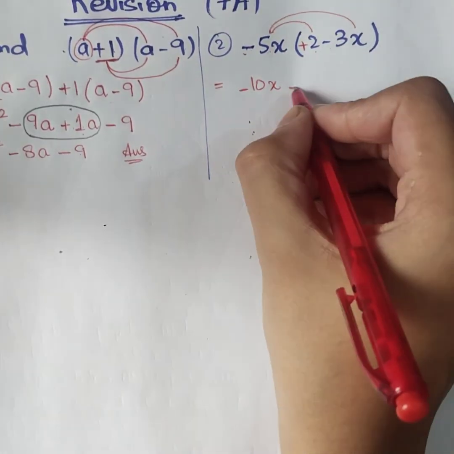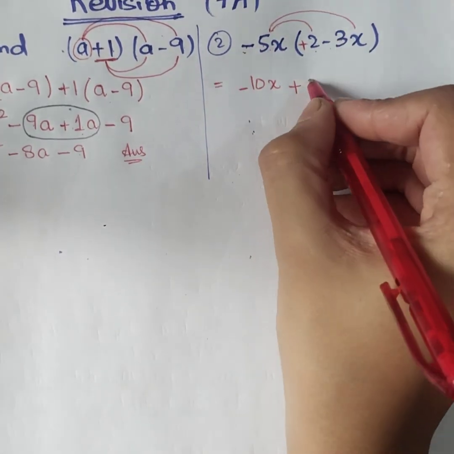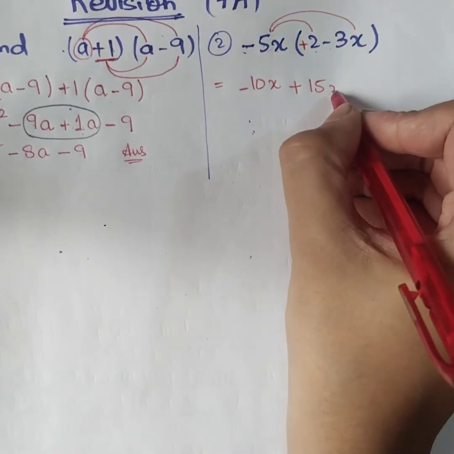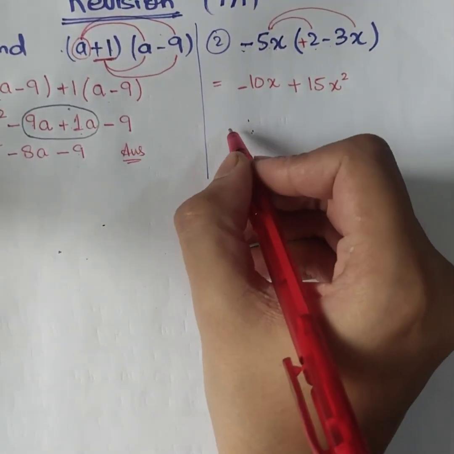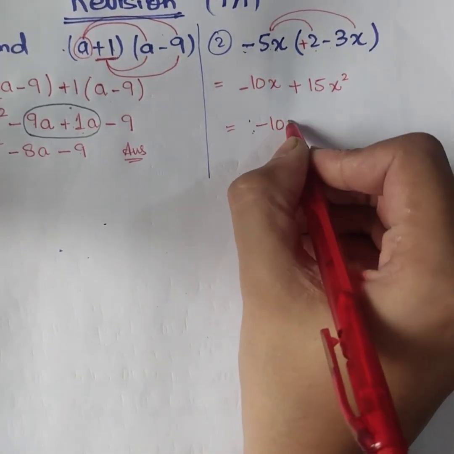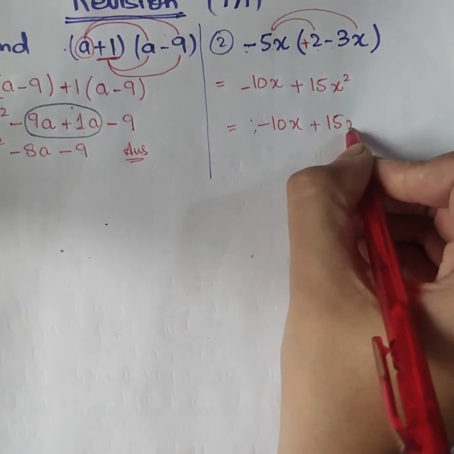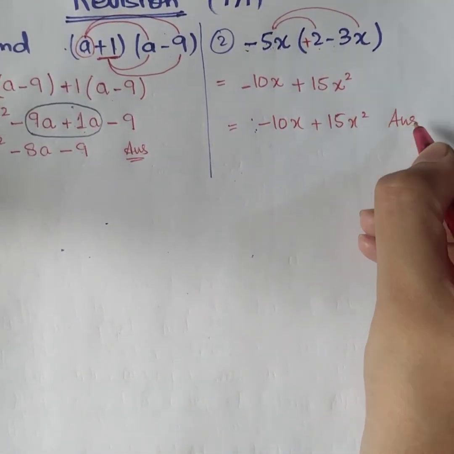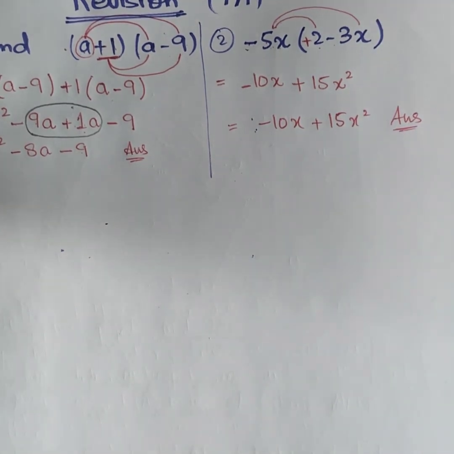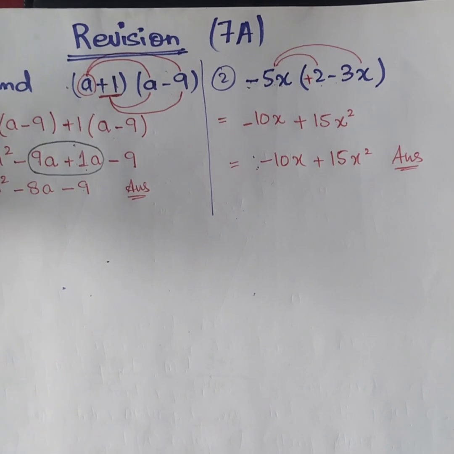Minus minus plus, 5 threes are 15, x into x becomes x square. So this is your answer, minus 10x plus 15x square. It is so simple and easy, you can see, and I'm repeating, you can watch the video again and again.